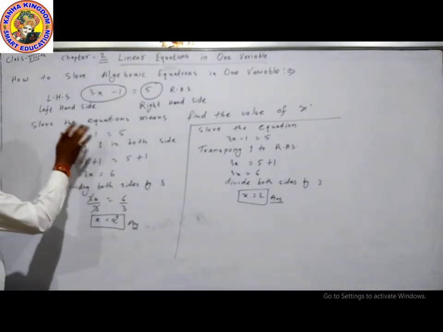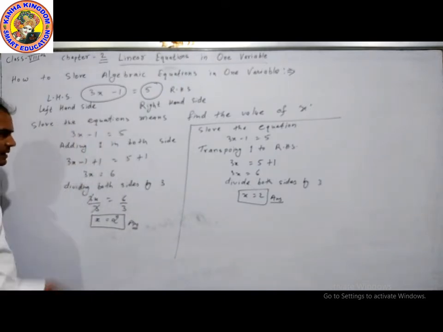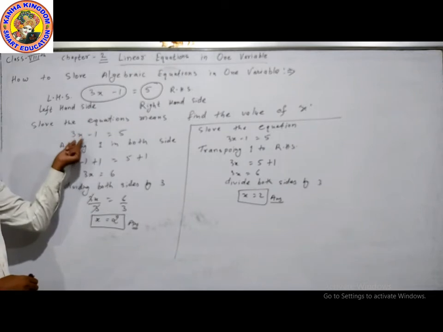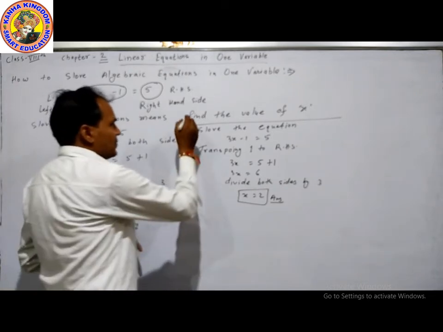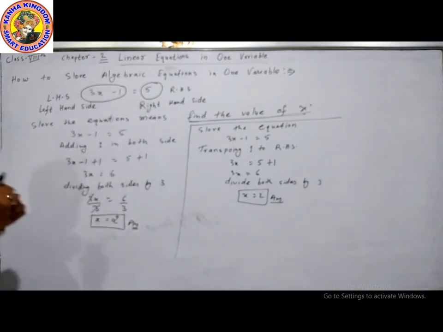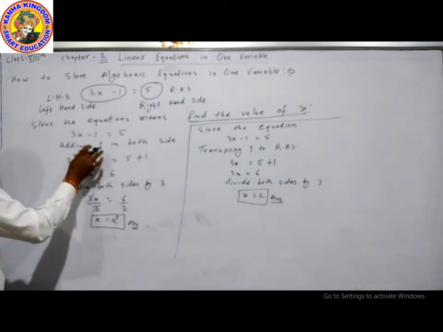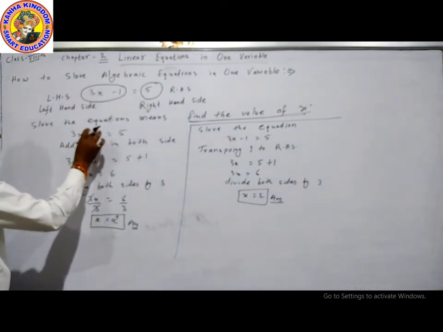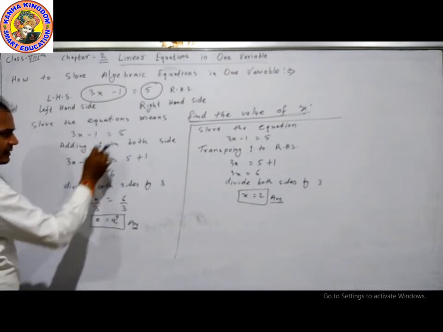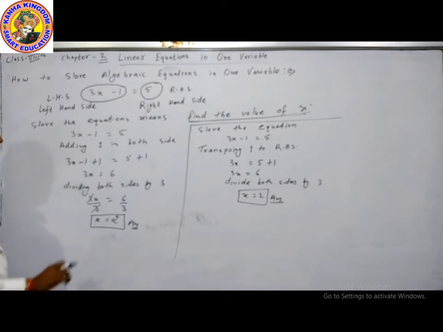Let example, 3x minus 1 is equal to 5. We have to solve this equation. The solve equation means find the value of x. This is the question. First of all, we can add 1 in both sides. In left hand side we add 1, in right hand side we add 1.